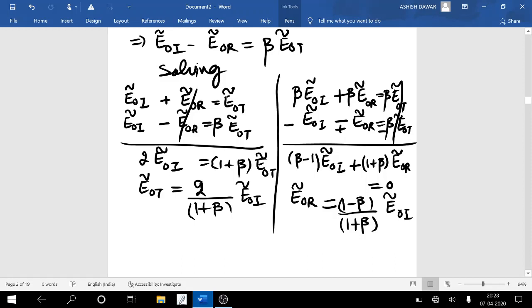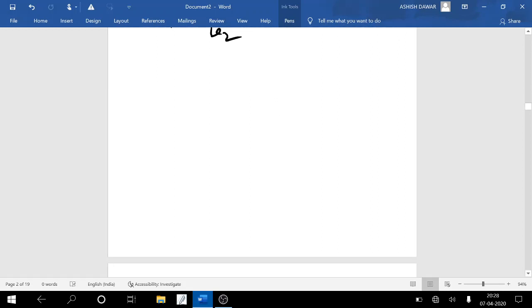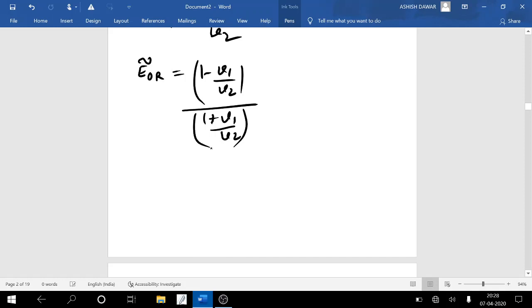Okay, so here we have beta equals V1 upon V2. So we can write these equations in terms of velocities also. So in terms of velocities, E0R equals 1 minus V1 upon V2 upon 1 plus V1 upon V2 E0I.